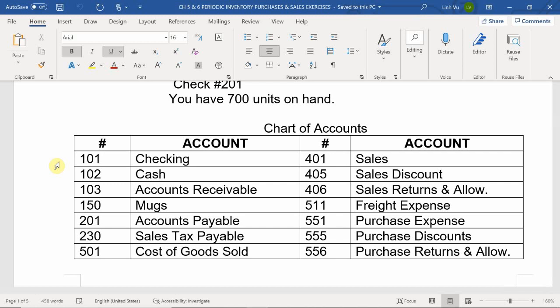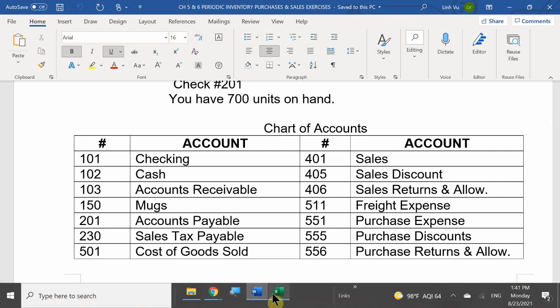You recognize it as an expense. Exactly. You recognize it as an expense first, and then at the end of the given period is when you convert it. So purchase expense and freight expense.